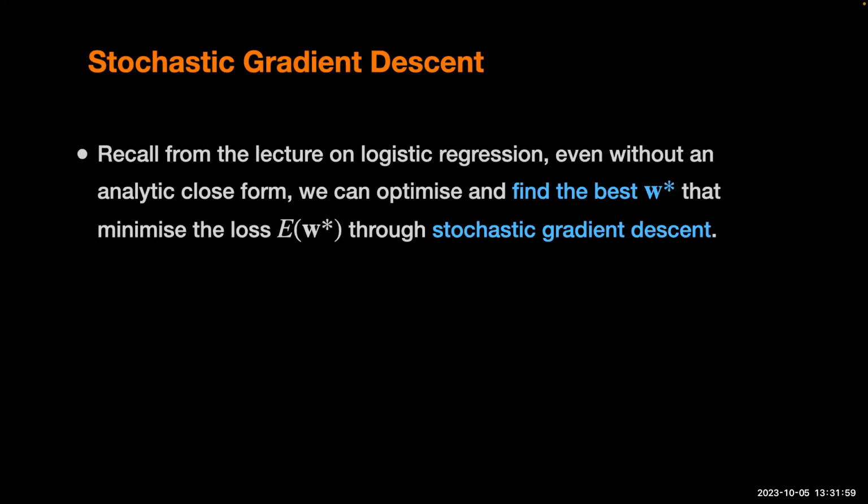So the goal here is that I have some parametric function that is seemingly very complex, but nonetheless is still a parametric model that depends on some parameters, the W. My goal is to find the best W that minimizes the loss. The way we can do that is stochastic gradient descent.